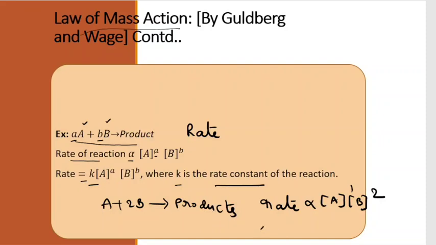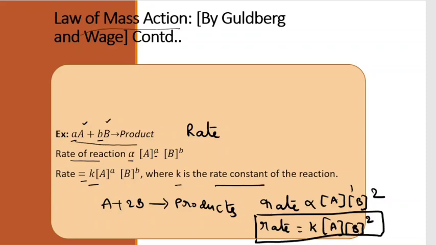This implies rate is equal to K into [A] power 1 and [B] power 2. Rate is equal to K[A][B] squared. This is the rate equation, and we know that K is the rate constant. This is all about the law of mass action.